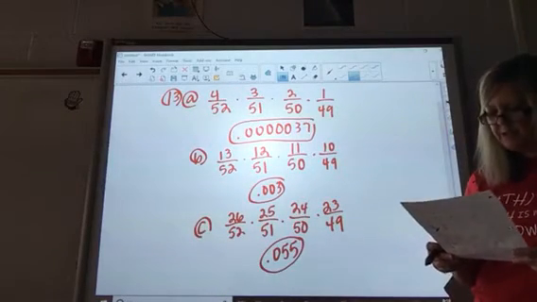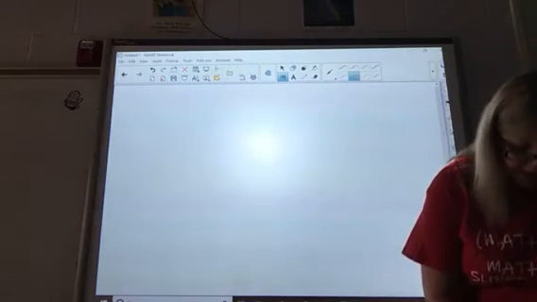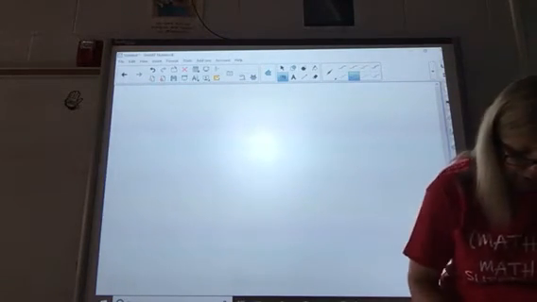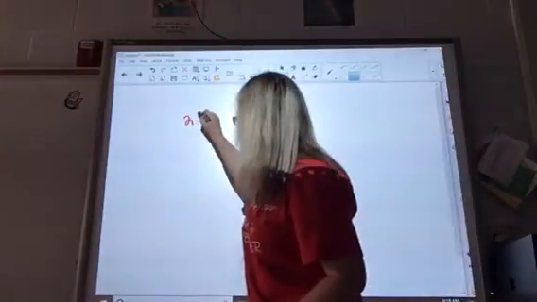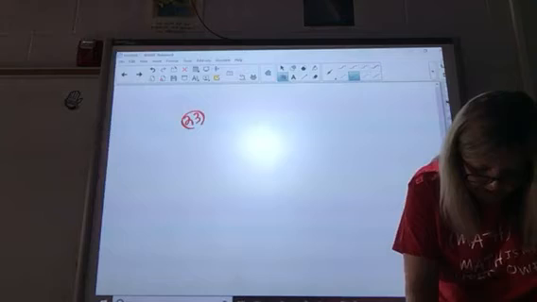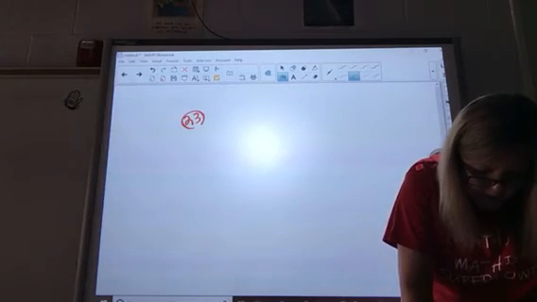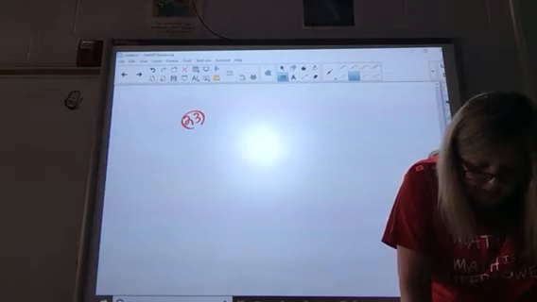Alright, next thing, let's talk about some conditional probability. So let's look ahead to number 23. Alright, 23 says, for a recent year, 0.99 of the incarcerated population is adults, and 0.7 are female.